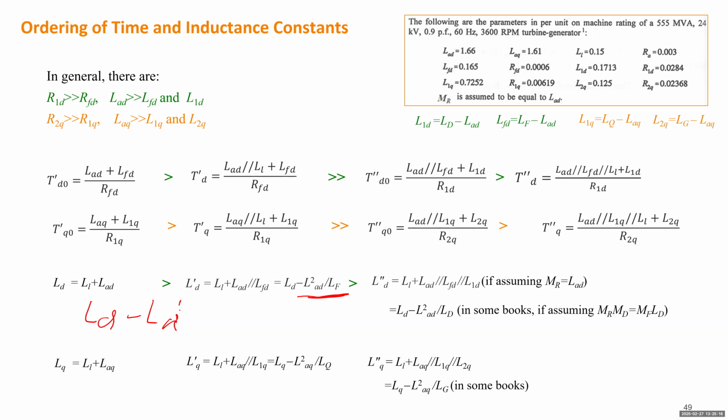The difference between LD and LD double prime is basically this one. Similarly, you can compare anything. You can compare LD prime and LD double prime. Similarly, you can do that for the Q axis. So later, if you need such a comparison, to tell the difference between LD or LQ with different dynamics, this assumption makes the formula much simpler.